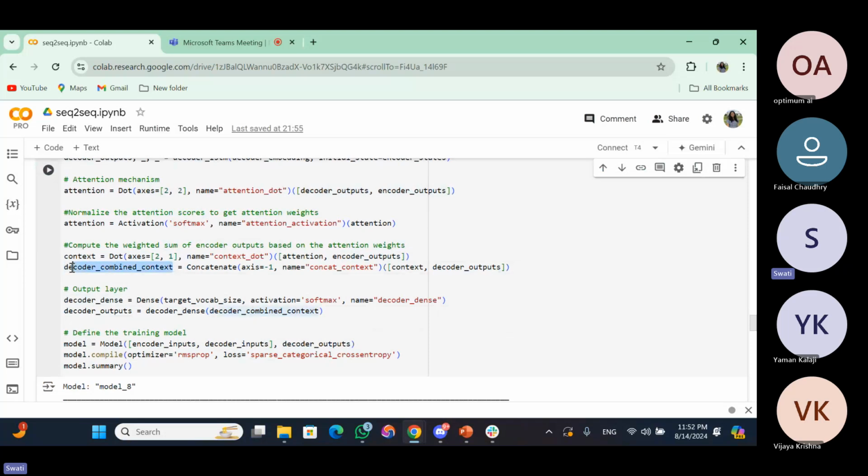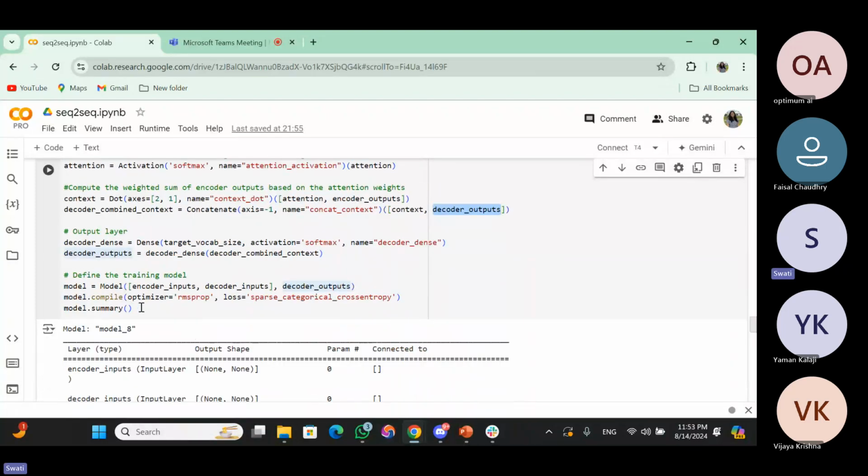It is also taking context using the attention mechanism. So it is having this context value, the weighted sum, and the decoder outputs, which give the final output from your decoder.